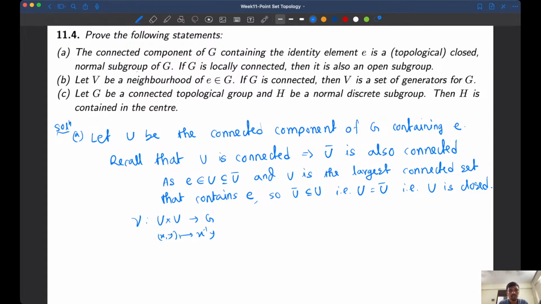Note that U cross U is connected, as U is connected, so the product of two connected sets is also connected, and nu is continuous.